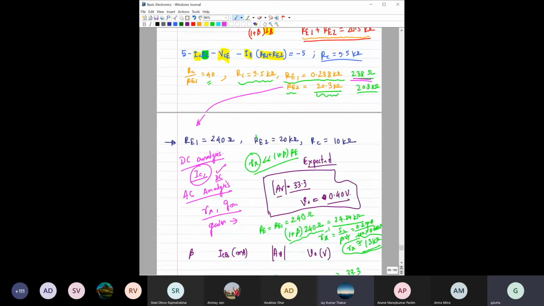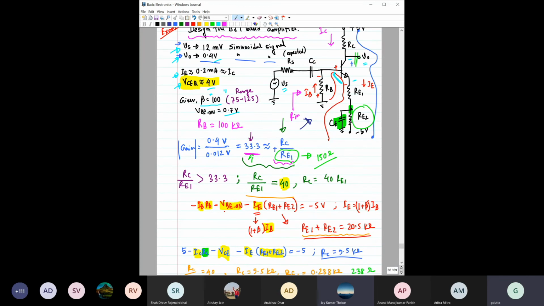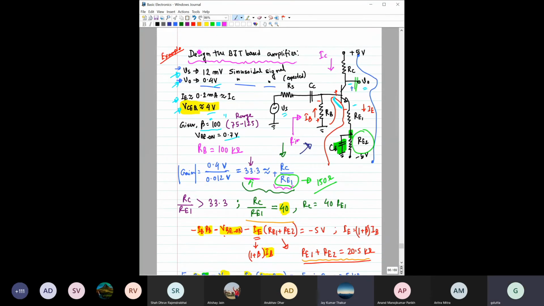I hope so. Sir, why are we not considering the reactance of this capacitor in the AC analysis? Right, very good. For hand calculation, the impedance of this capacitance is so low compared to RS that it can be neglected. Otherwise the total analysis would be difficult for hand calculation.